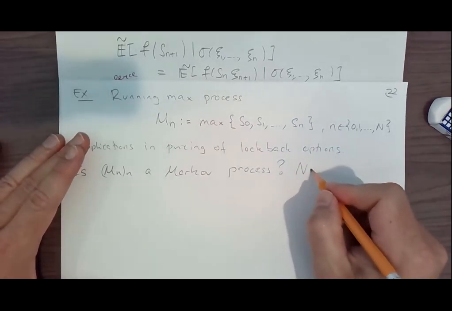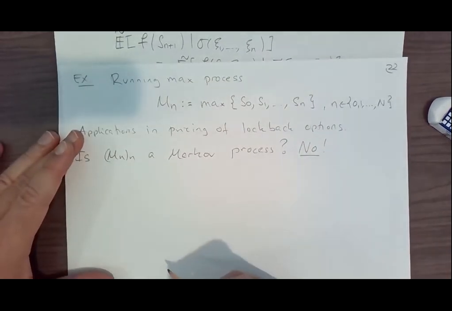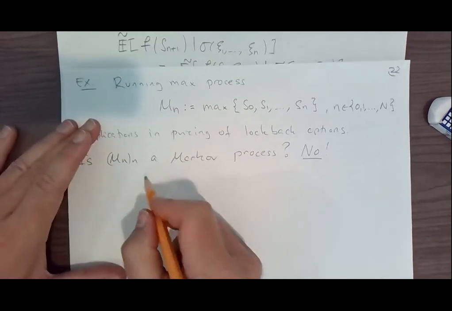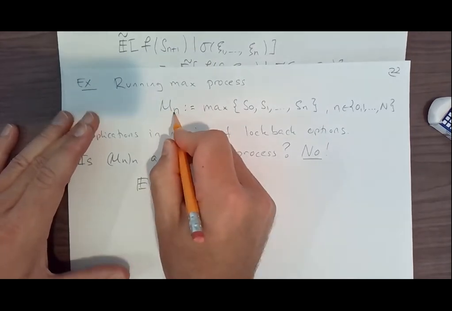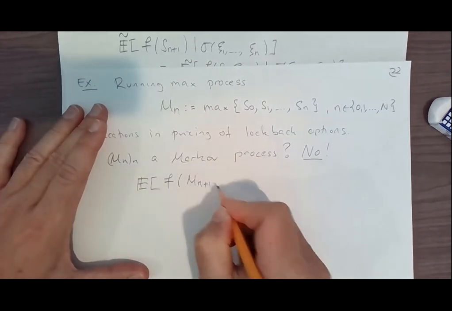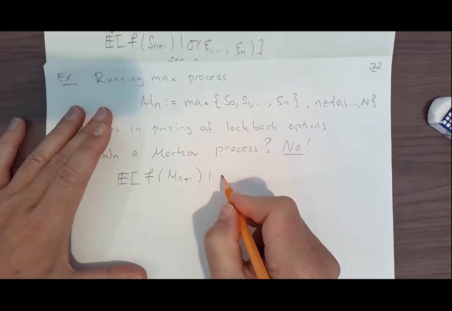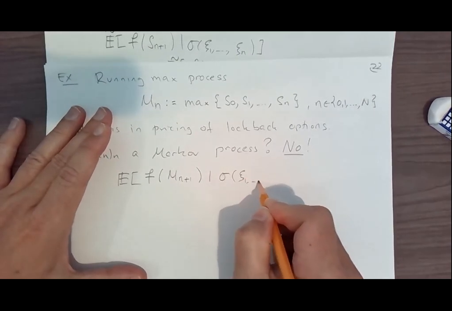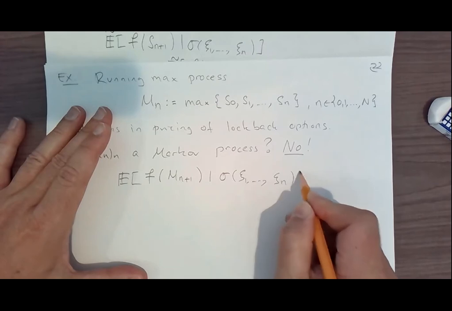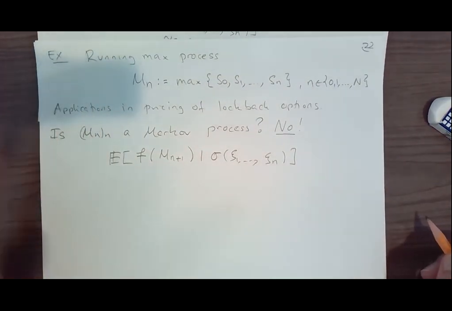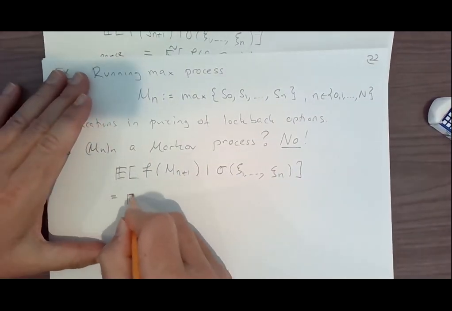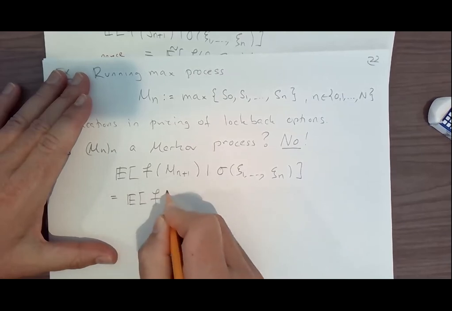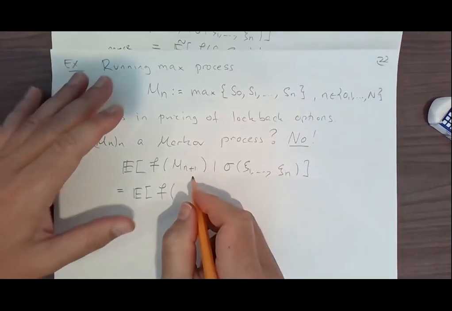The answer is no, it's not true. What we want to do is test for it. You take a function and apply it to M at time n plus 1, conditioning on the first n coin flips. So far so good. The next thing you do is plug in what M is. So this is equal to f of the max.